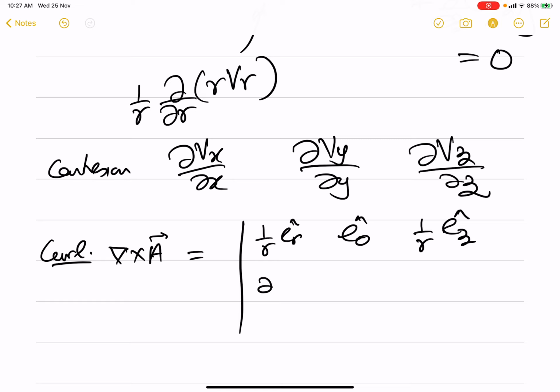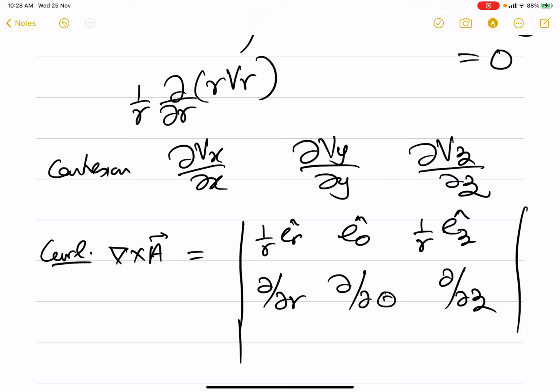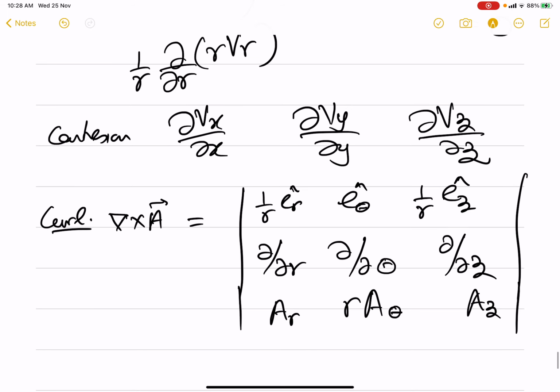Then we have partial by partial r, partial by partial theta, partial by partial z, and then a sub r, a theta and az. So notice you have to be careful when you use cylindrical coordinates. You can't directly just write the equations which we had in x, y, z.